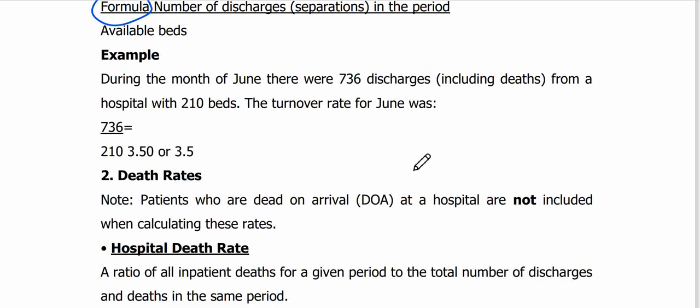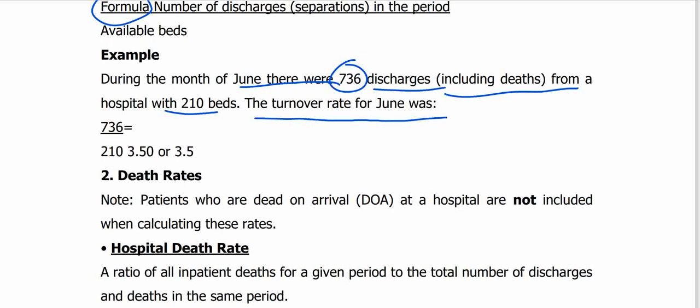Very simple. So during the month of June, there were 736 discharges, including deaths, from a hospital with 210 beds. What is the turnover rate for June? You divide the total number of discharges by the total number of available beds, and you'll get your answer straight away.